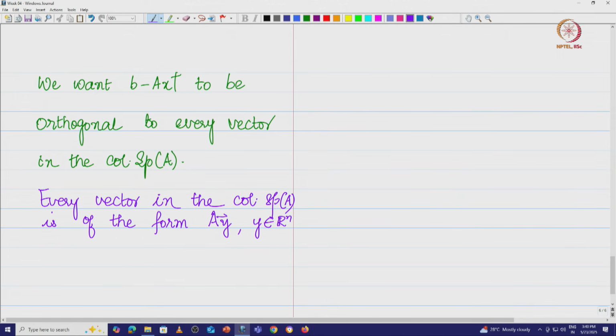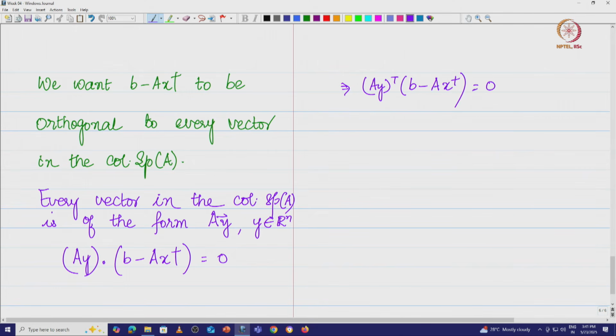So, what do we have? We have Ay dot (b minus Ax dagger) equal to the scalar 0, the dot product being 0.